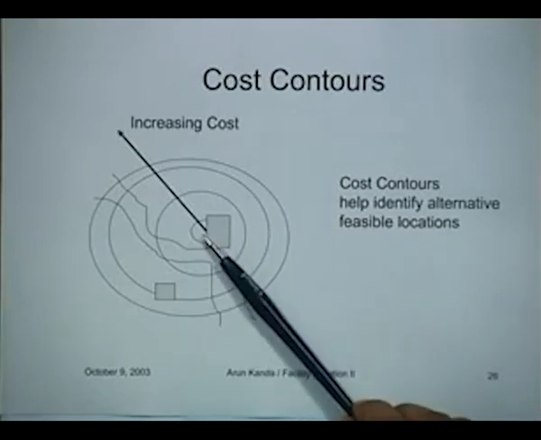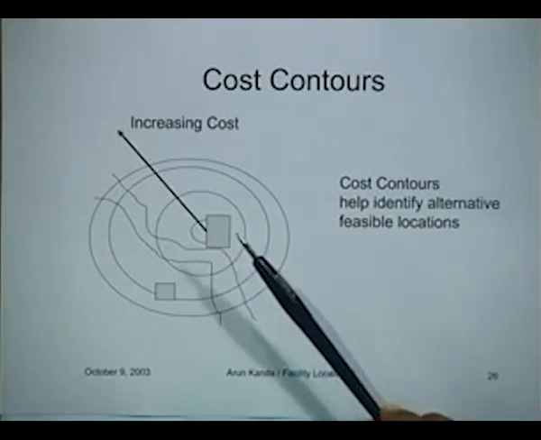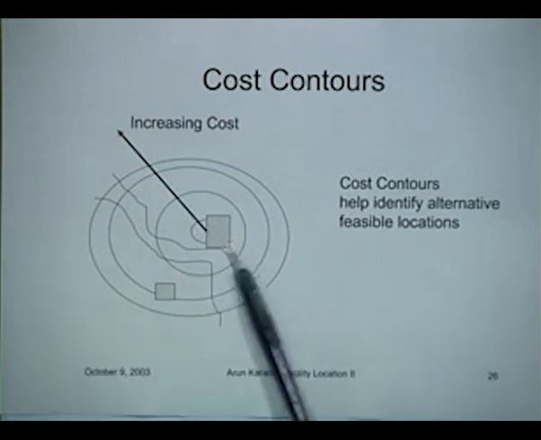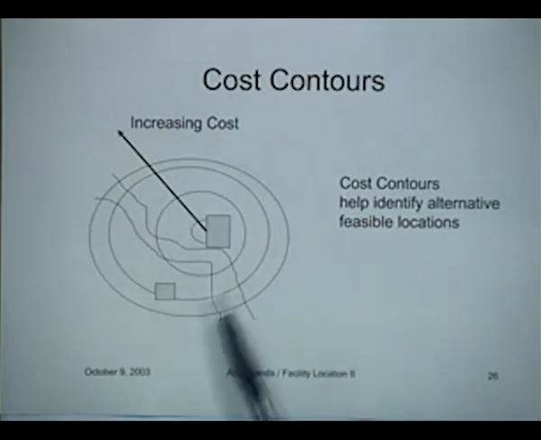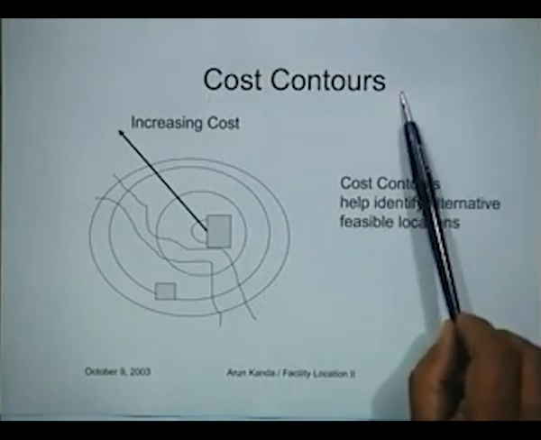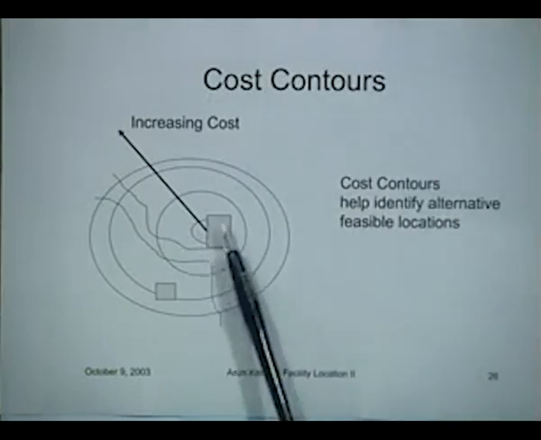Finally, let us look at this complication. For instance, we determine an ideal location by these mathematical procedures. If we determine an ideal location, what may happen is that the ideal location may not be available. There might be a building there, there might be a river running through it, or there might be other complications, and you cannot locate there, because in determining the ideal solutions, we have not taken into consideration the feasibility of these locations at all, isn't it? So what is interesting is that we can build cost contours. These are lines of constant cost.